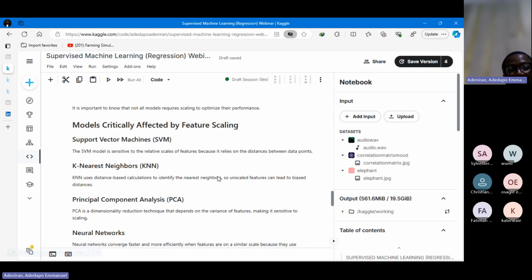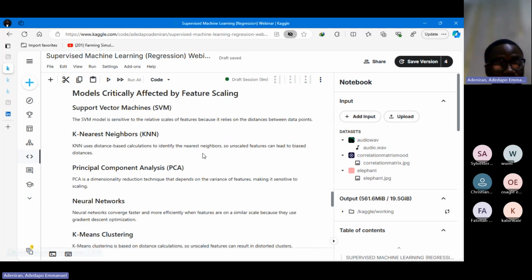It's not every model that is affected by feature scaling. There are some models that are critically affected by feature scaling, while other models are not. For the models that are affected, you need to use feature scaling. If not, your prediction is going to be off. The model performance is going to be off without feature scaling.